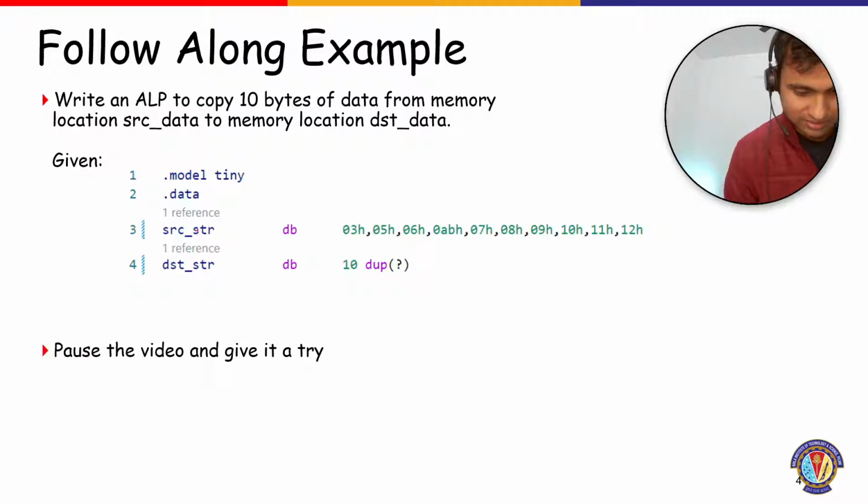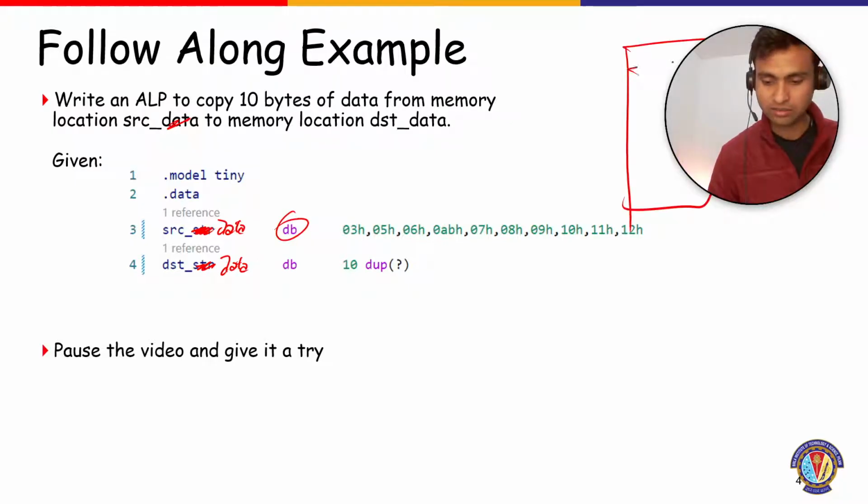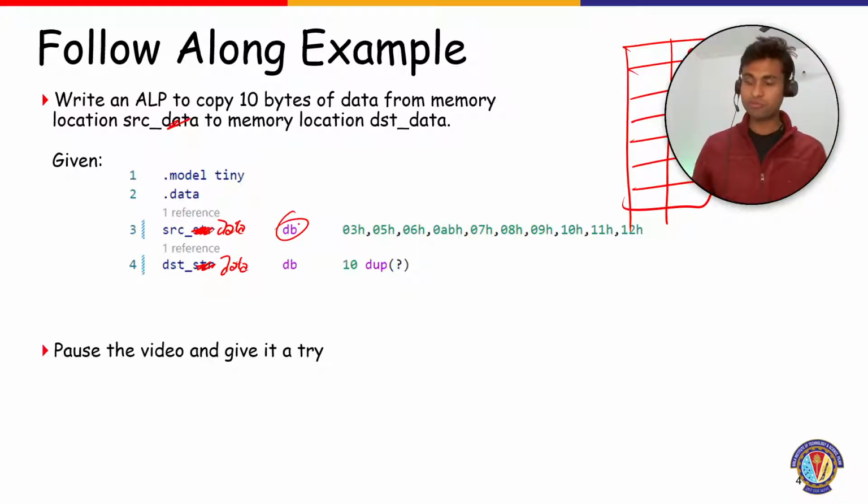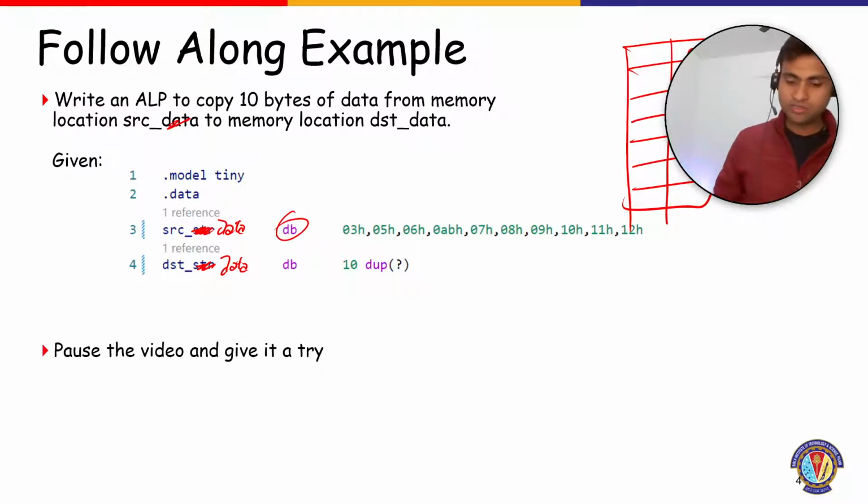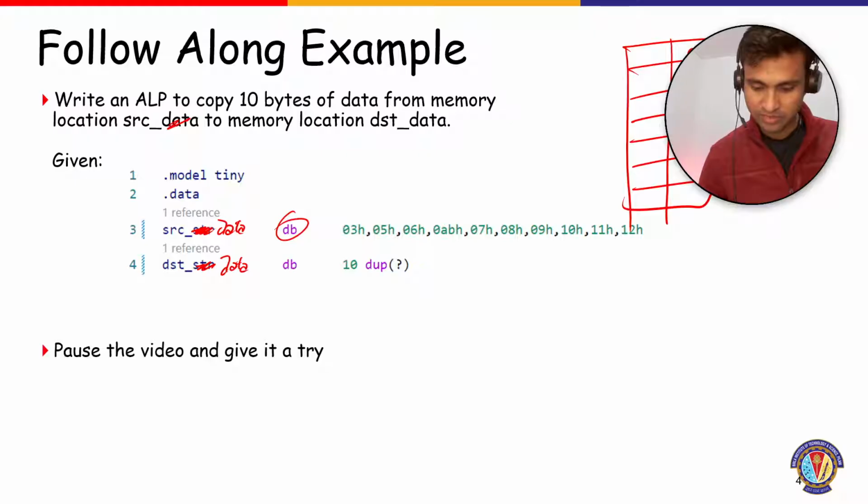Here I have DB, which means at each and every memory location this value is stored. Since I'm giving only 1 byte, I don't have to put it as 0003. So 06 AB 07 08 09 10 11 12, and all of this is in hex format.